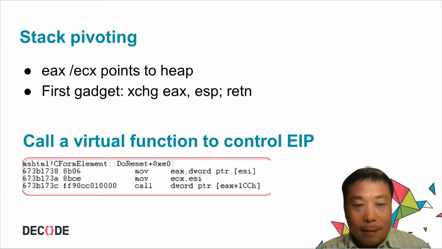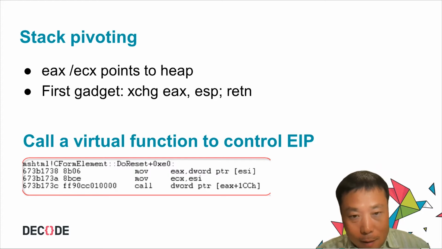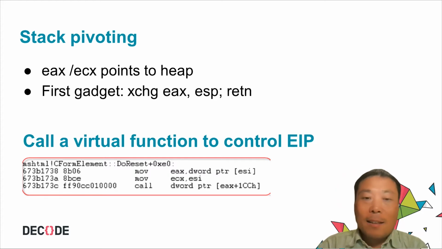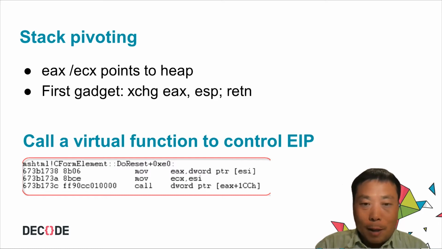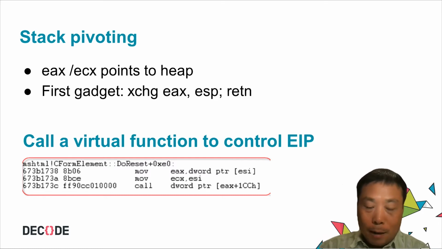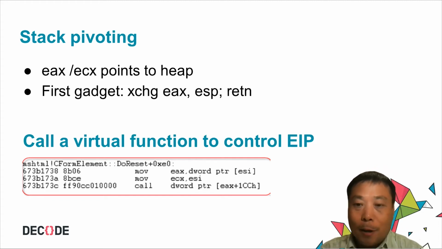As we can see in the sample code, every time we make a function call on the object, EAX will point to the virtual function table. And in this case, we control the virtual function table. We control the content of the object. So we can set EAX to point to our controlled heap.